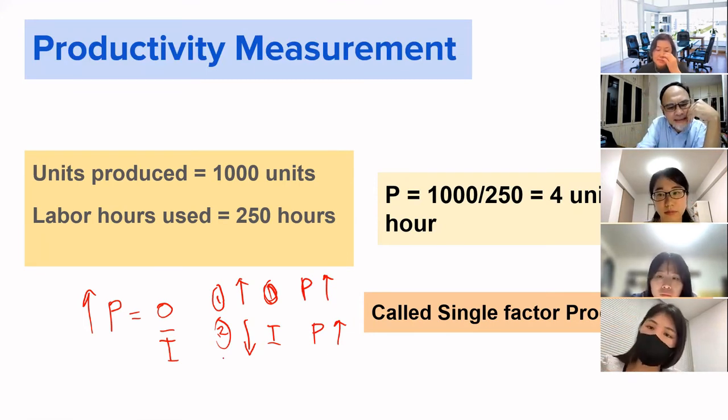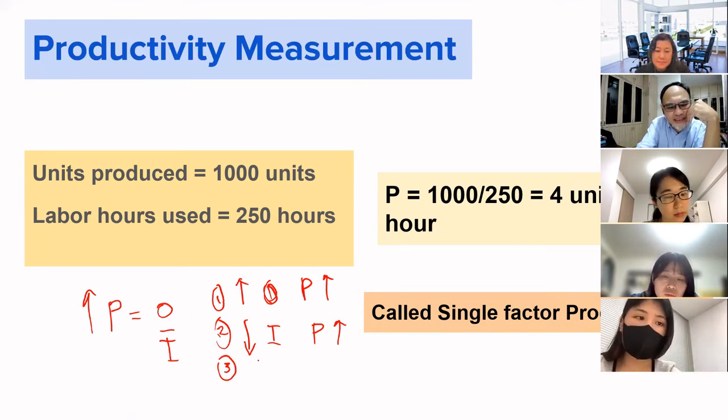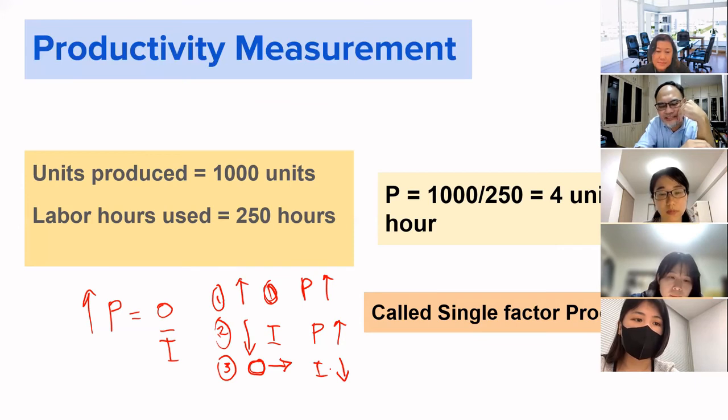Or you can make output constant, but input must reduce. That's also another way. But if output increases and input increases, it doesn't mean productivity will increase.